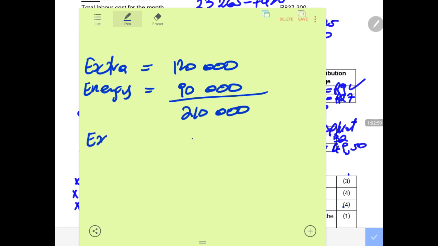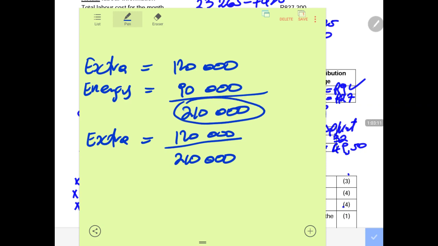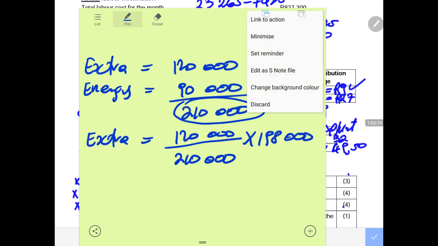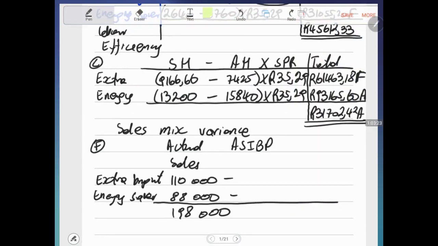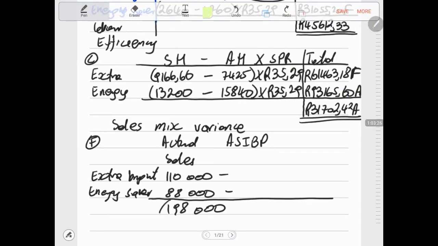We allocate the sales units for the extra bright by saying 120,000 divided by the total of the budgeted sales. Budgeted sales in total is 210,000 for the two products. And we multiply this by the total of 198,000 sales for the actual units that were produced and sold. Our actual sales total was this.